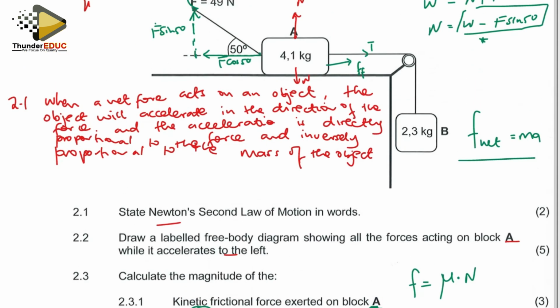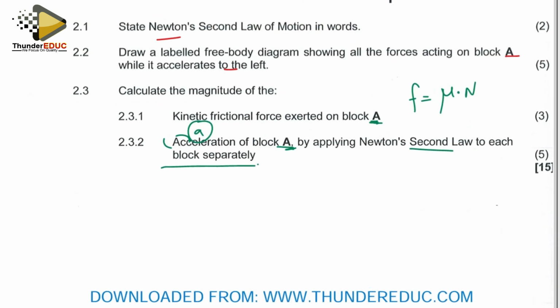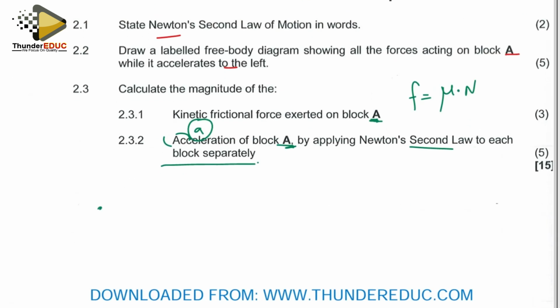So for as long as the body is moving, we're going to apply the F cos and then the F. Let's start by looking at body A with the motion. Body A is going to have F cos of 50. It's going to have the tension and then the frictional force in that direction.